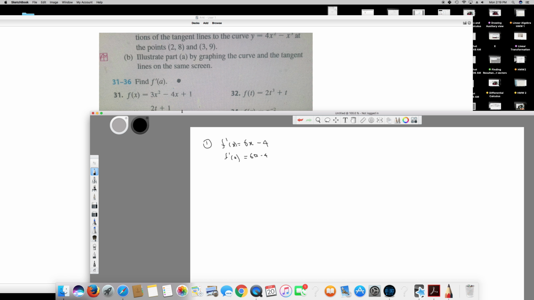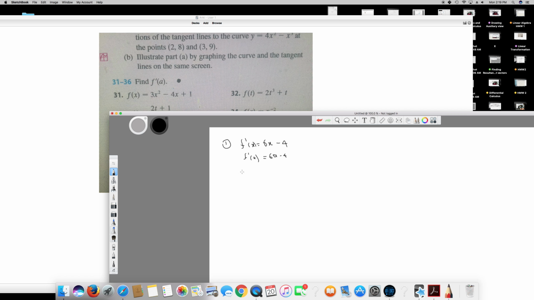And the second question here, it's also power rule, same concept. So I'm directly writing f prime a is going to be 3 times 2, 6, to the power of 3 minus 1 is going to be square, right?